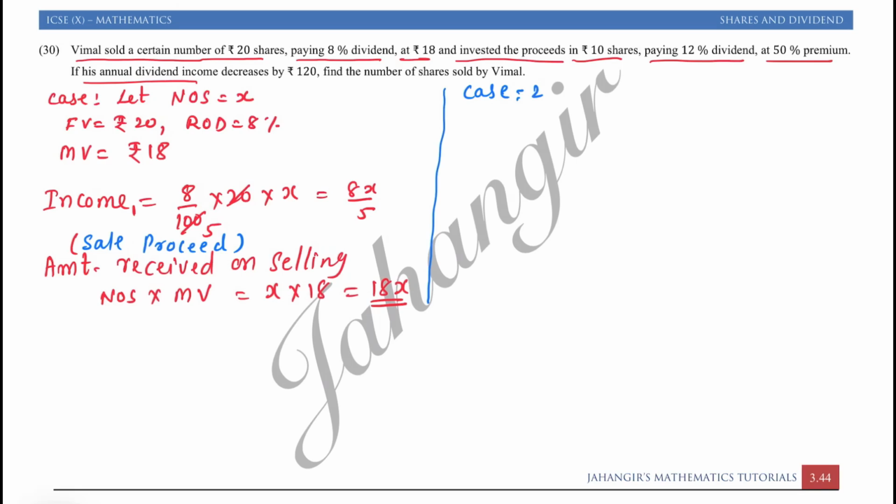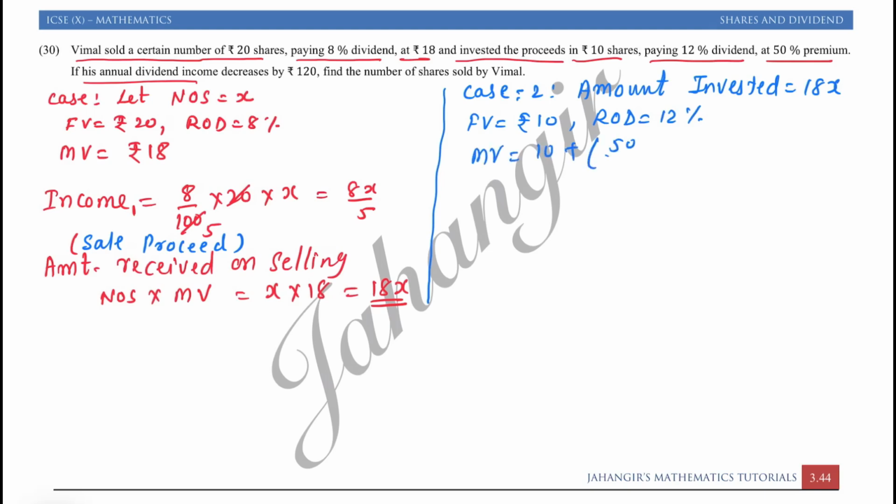You can write anything. In case 2, our amount invested is equal to 18x, invested in rupees 10 shares. So face value is equal to rupees 10, paying 12% dividend, so ROD is equal to 12%, at 50% premium. So MV is equal to 10 plus 50% of 10.